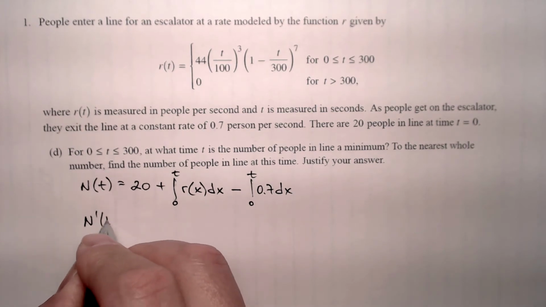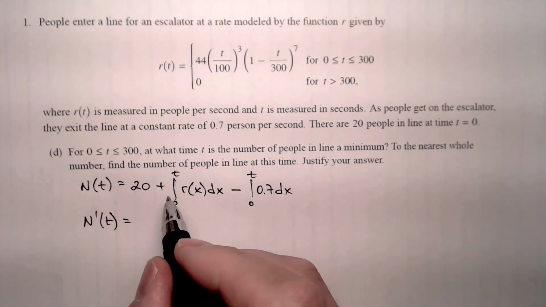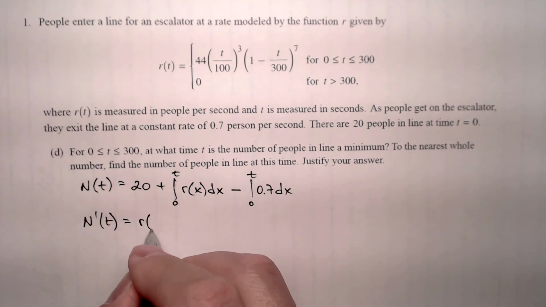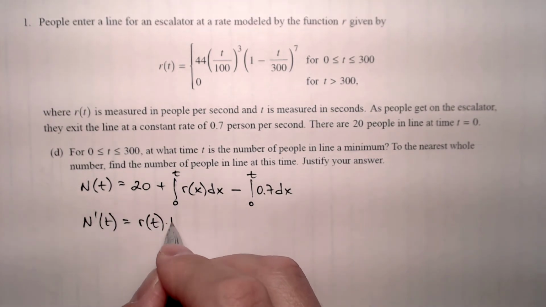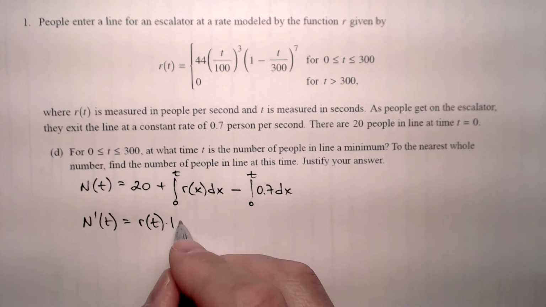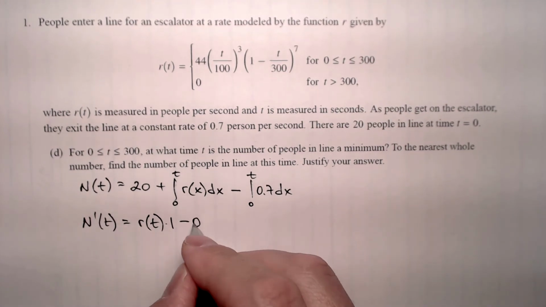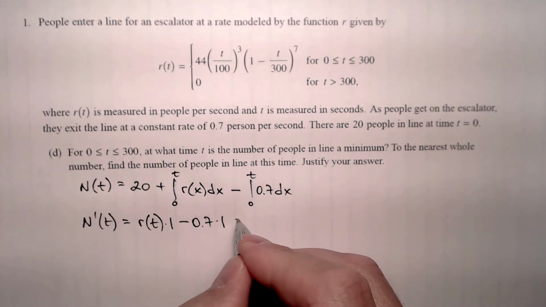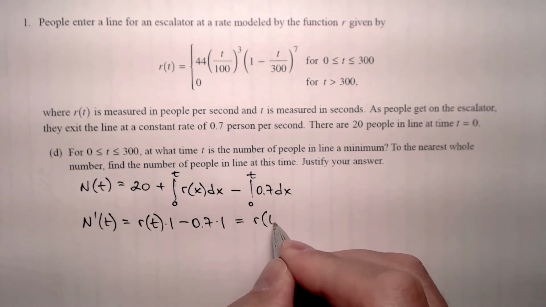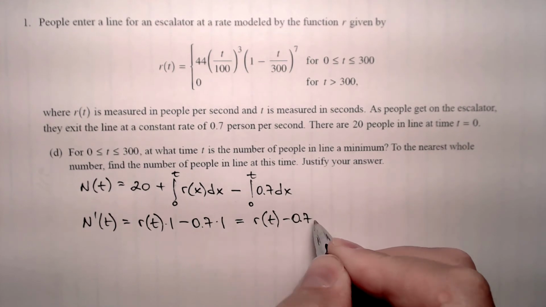N prime of t is equal to r of t times the derivative of t with respect to t, which is 1, minus 0.7 times again the derivative of t with respect to t, which is 1. So this is equal to r of t minus 0.7.